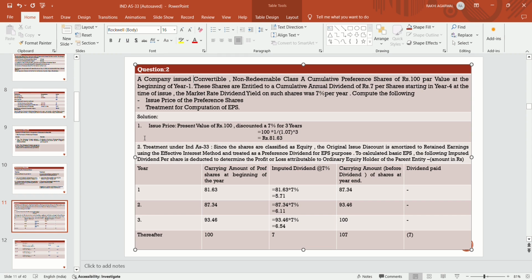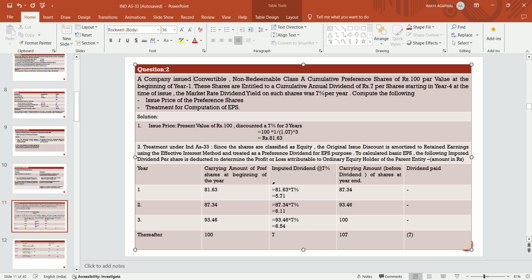Your dividend is to be accumulated. We will declare, instead of giving a dividend, we will give you shares at a discounted price. So issue price is the present value of 100, discounted at 7% for 3 years.